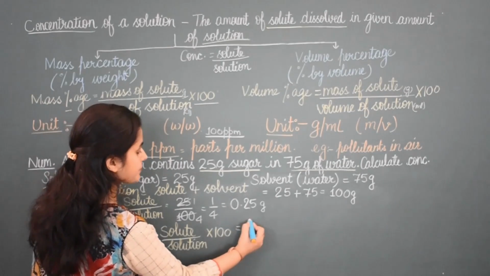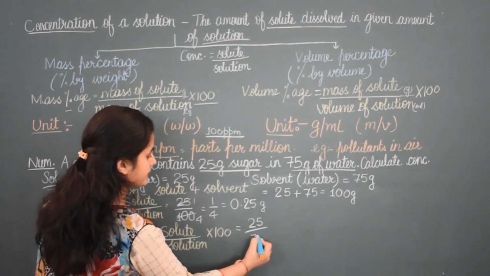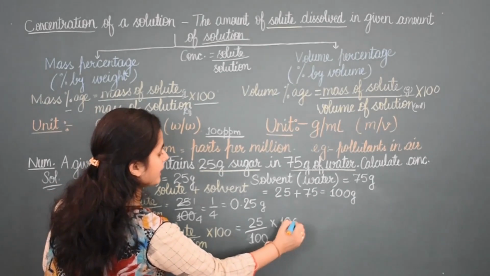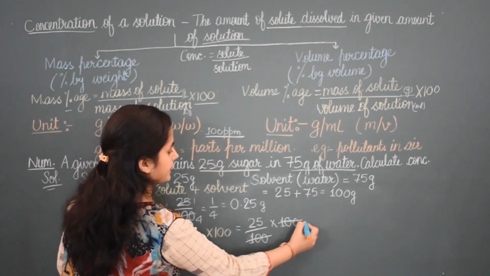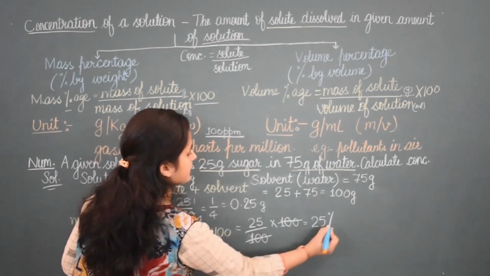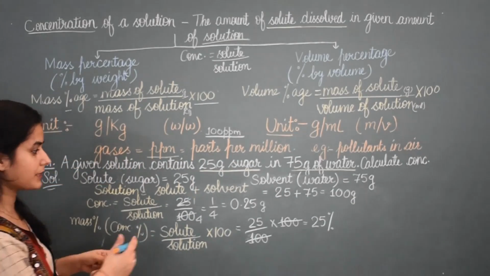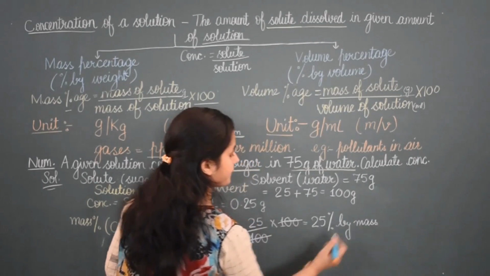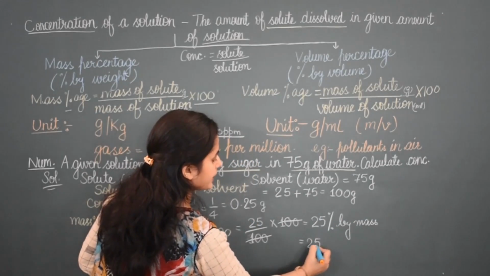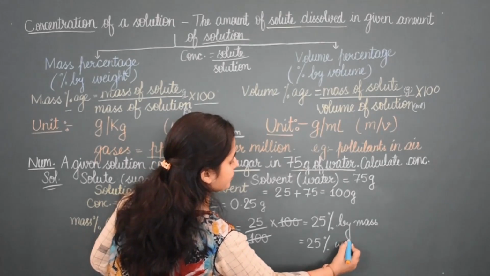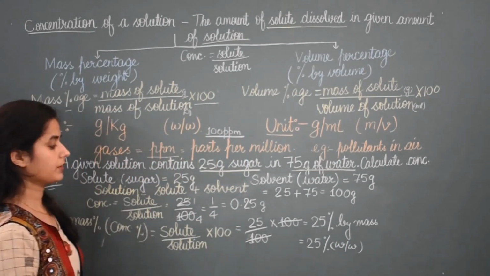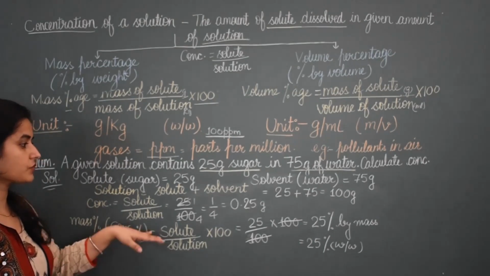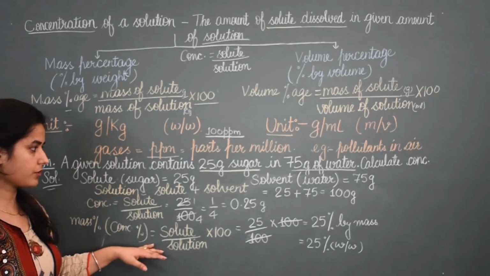Solute is 25, solution is 100, multiplied by 100, it becomes 25%. You can also write percentage by mass, or 25% weight by weight. This way you can find the concentration, mass percentage or concentration percentage of the solution.